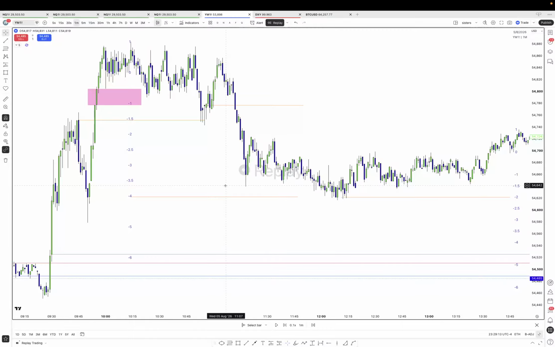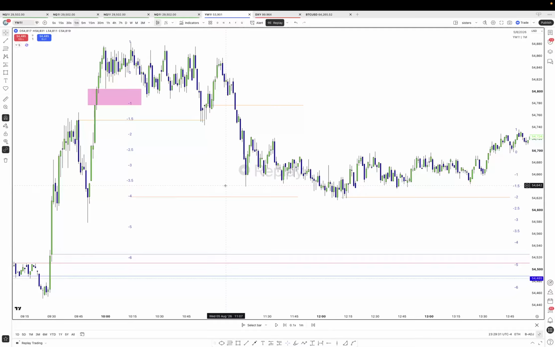What was the confirmation? The PD arrays that I look at, fair value gaps. The fair value gap did not make a continuation pattern. The OB did not make a continuation pattern. Then we had a CSD.